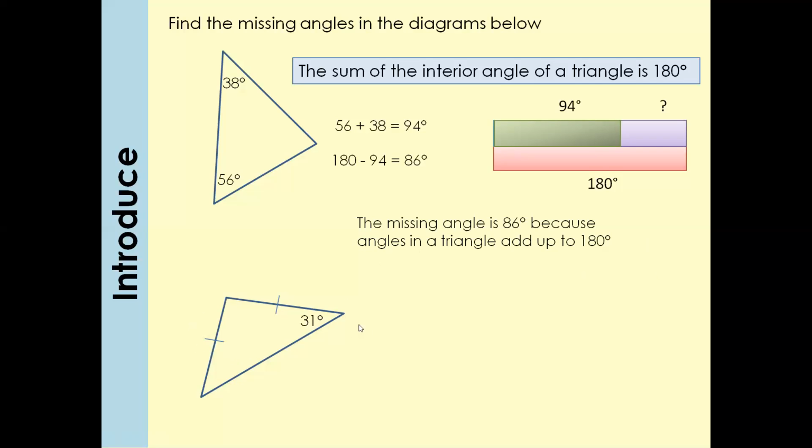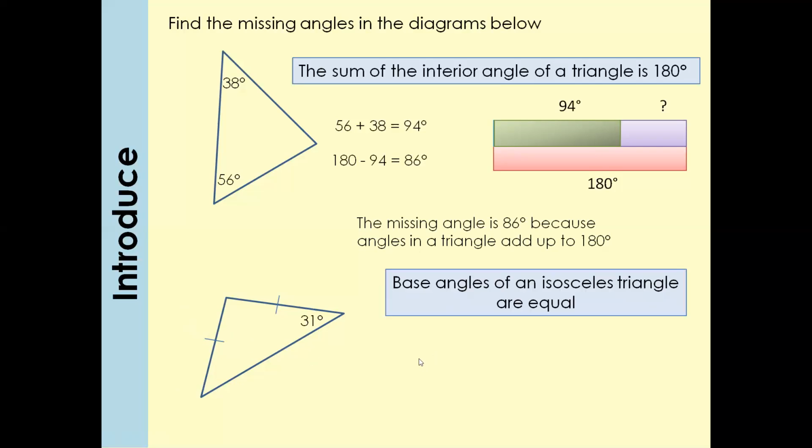Let's have a look at another example. Now, this is a special case. And the fact we need to remember is the base angles of an isosceles triangle, they're equal. Now, if we don't know what is an isosceles triangle, it is a triangle which have got two equal sides.